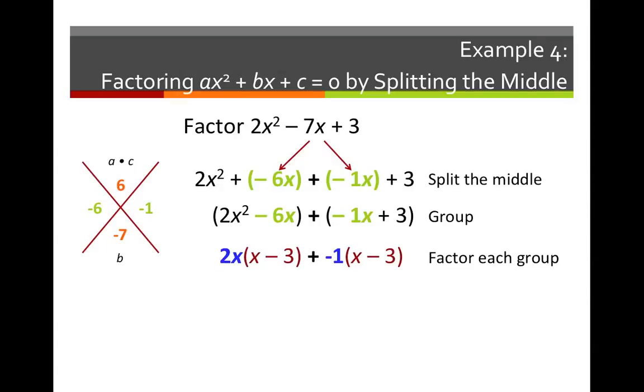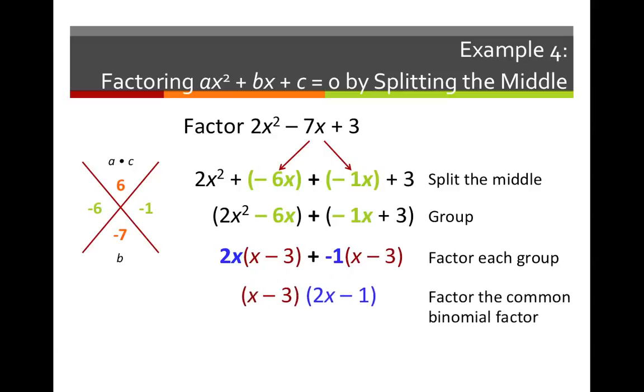Now the reason we need the match is because now the x minus 3 is the common factor in our two terms. So x minus 3 gets factored out in front, and the 2x minus 1 becomes the other factor. Okay, everybody see where that came from?